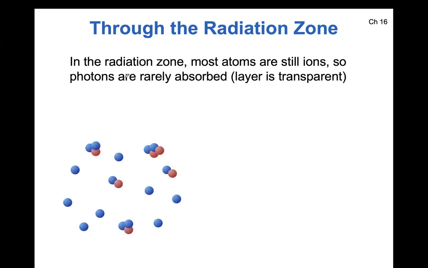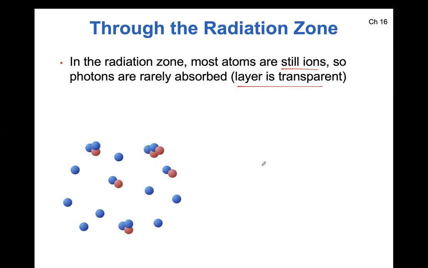All right. If you looked at the next slide, I bet you would have had the answer given away. In the radiation zone, most atoms are still ions. Okay, so it's still a form of plasma. So the photons are rarely absorbed. So we say the layer is transparent. Transparent in the way that a gas can be transparent, which is slightly different than the way solids are transparent.